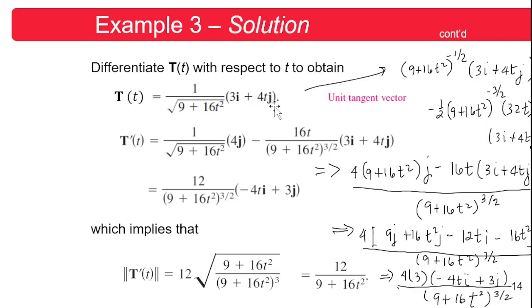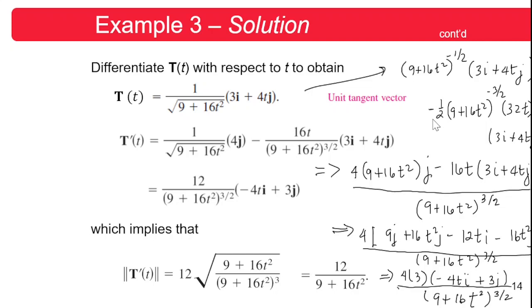The derivative of 3i + 4t j is 4j, plus the second, which is 1, times the derivative of the first. But the first can be written in exponential form as (9 + 16t²) raised to negative 1/2. And the derivative of this can be executed by applying the power rule.